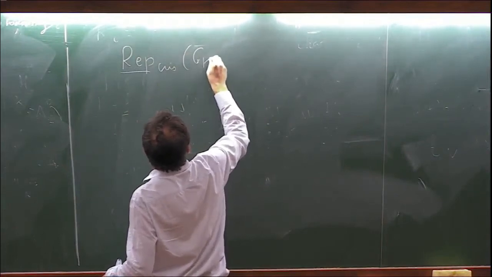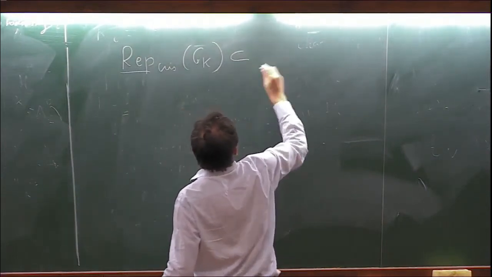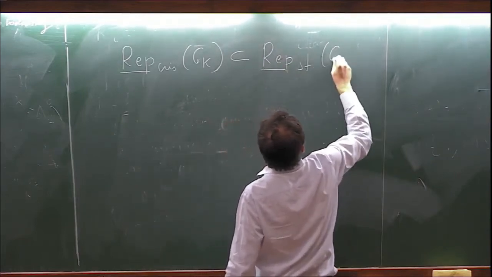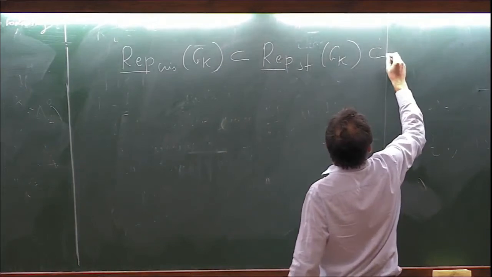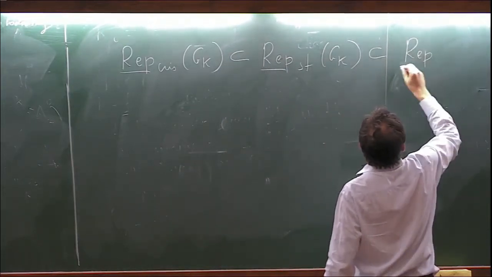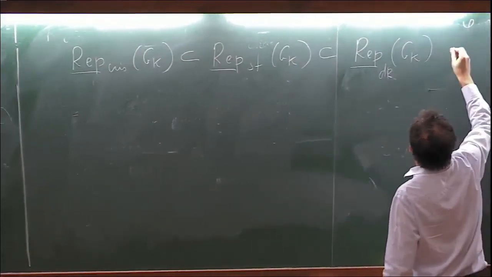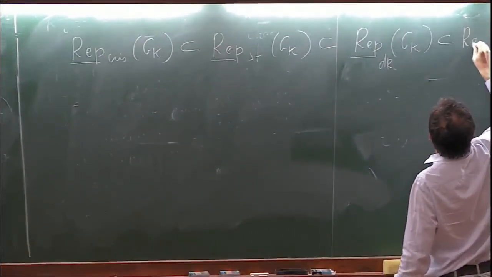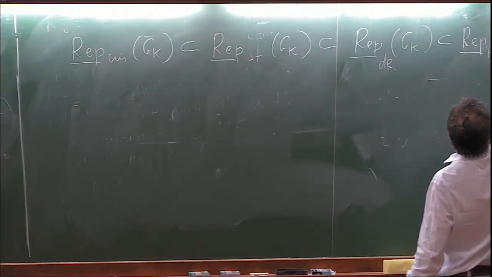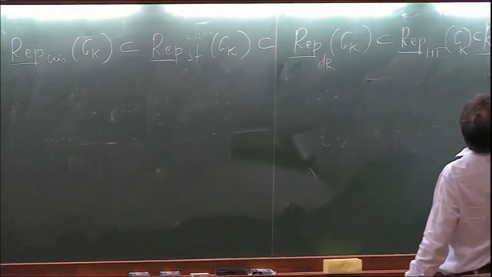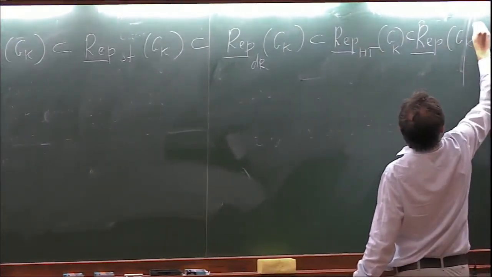So we have a category of crystalline representations, which is smaller than the category of semi-stable representations, which is smaller than the category of de Rham representations, which is smaller than the category of Hodge-Tate representations, and which is smaller than the category of all p-adic representations.